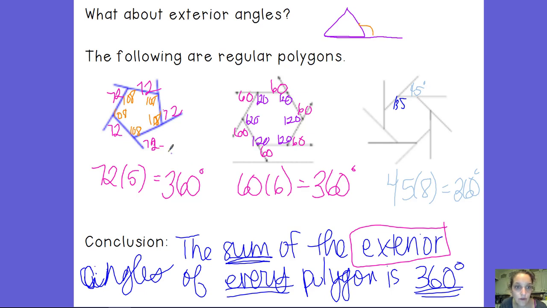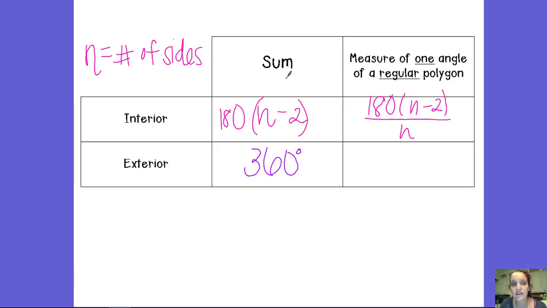Well, if there's 360 degrees total of all these exterior angles in this pentagon, and I take 360 and divide it by 5, the number of exterior angles, that's going to give me the measure of each individual exterior angle.